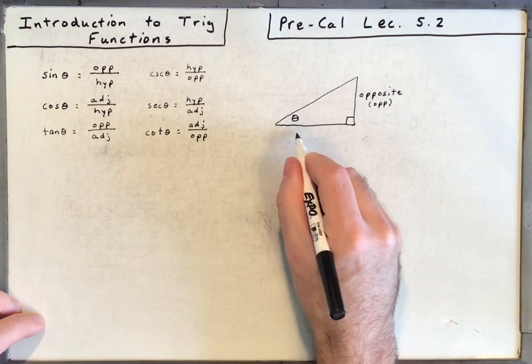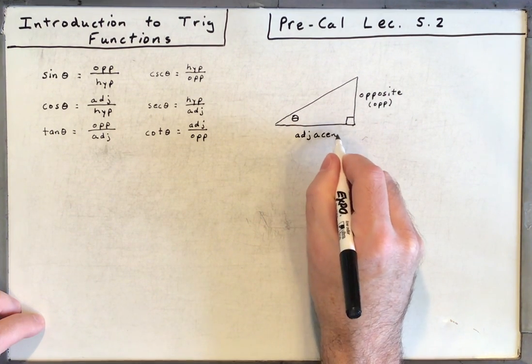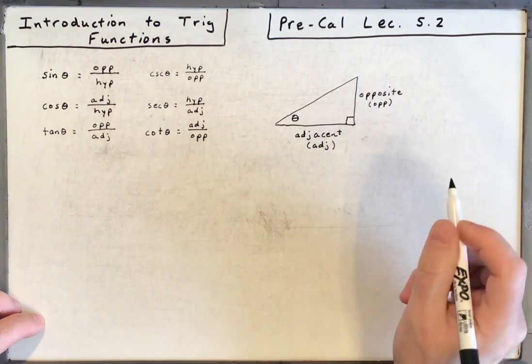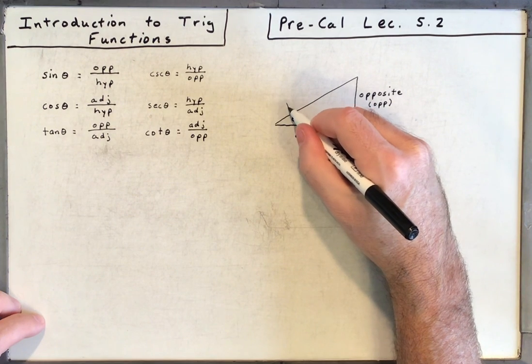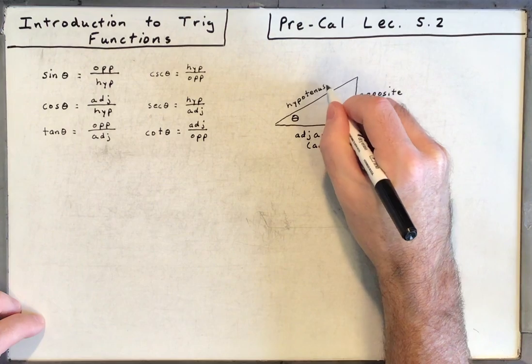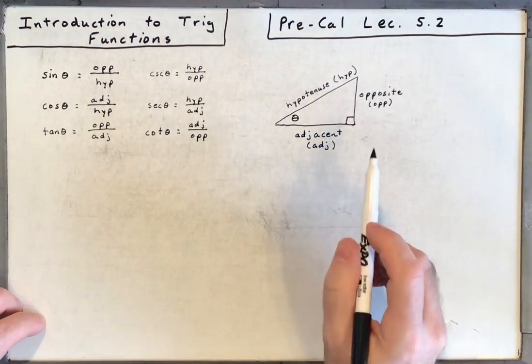This side right here we call the adjacent side, and I'll abbreviate it as ADJ, and this is the hypotenuse, which we'll abbreviate as HYP.